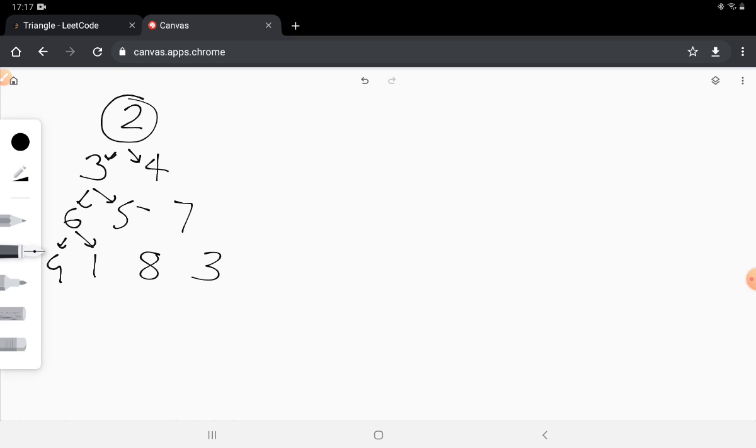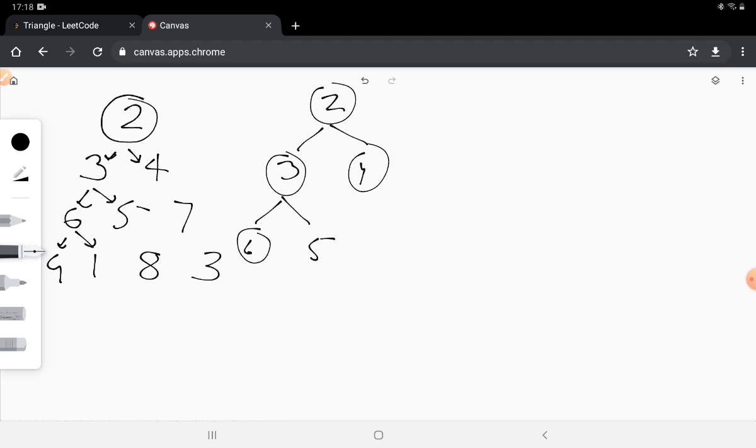As you can see, this gives an intuition of a recursive subtree emerging. You start with 2, then you have two choices, either choose 3 or 4. Then at 3 you are again presented with two choices, either go to 6 or 5.